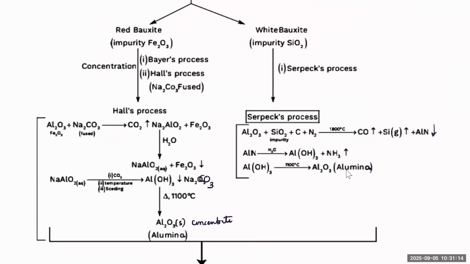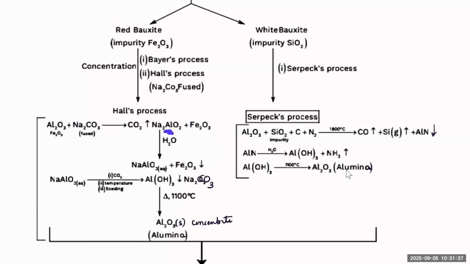So actually, Bayer's process is used via NaOH. I have not written that, but that is done by NaOH instead of Na2CO3. With that, basically you are getting sodium aluminate as the liquid, by basic leaching, and we remove the impurity of Fe2O3.